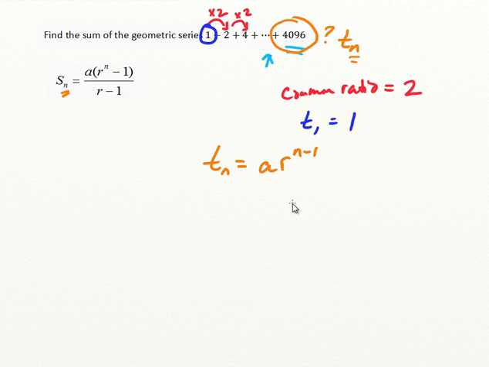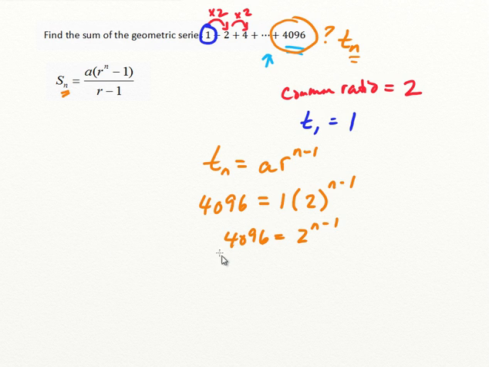Using this information, I can say that 4096 is equal to a, which is the first term, in this case 1, times r, which is the common ratio, 2, to the exponent n minus 1. Continuing on, I'm going to divide both sides by 1, and I get 4096 equals 2 to the exponent n minus 1.